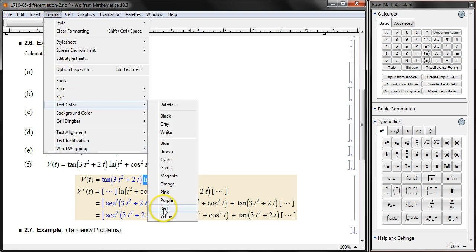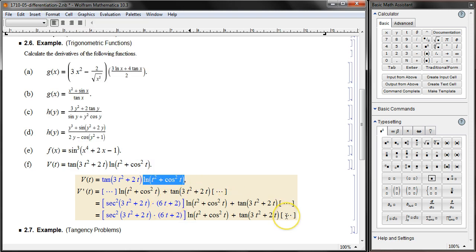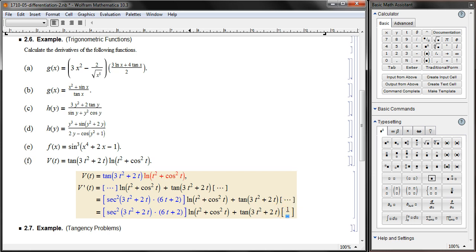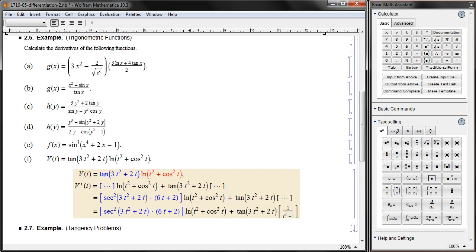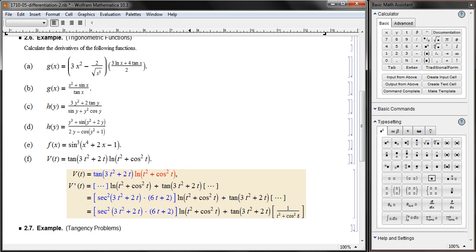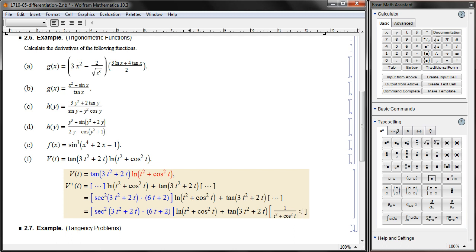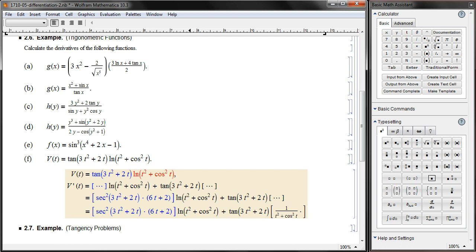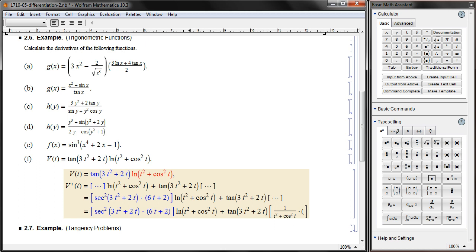The derivative of log is 1 over x. So what you multiply here is 1 over whatever was the inside: t squared plus cosine squared of t. Alright, and then we multiply the derivative of the inside.